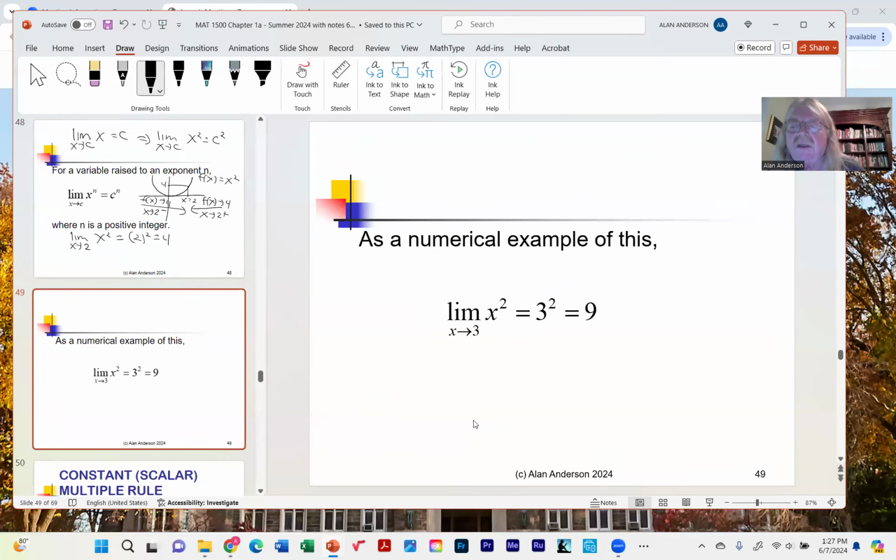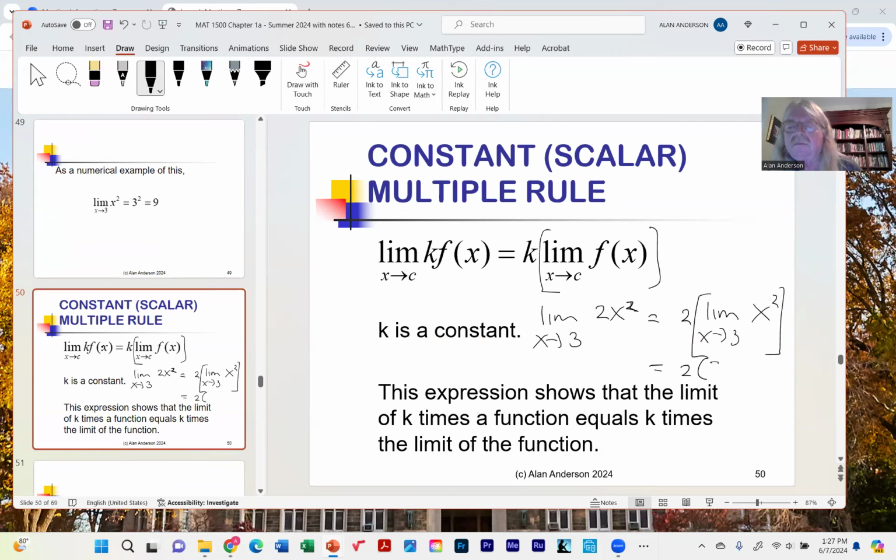So that means here, all you're doing is substituting the 3 into for x. And so you've got 2 times 9, and you've got 18. So when it's the limit of a simple function of x like that, x squared, whatever, you're literally just substituting the constant into the function.